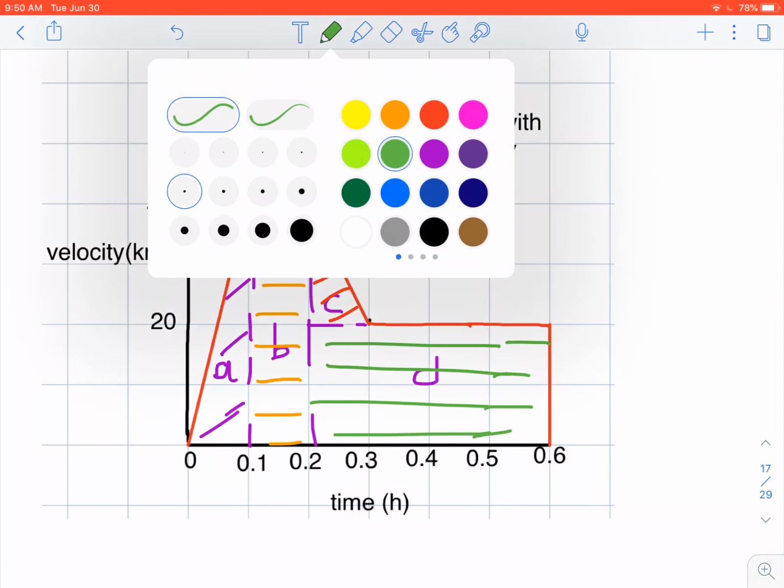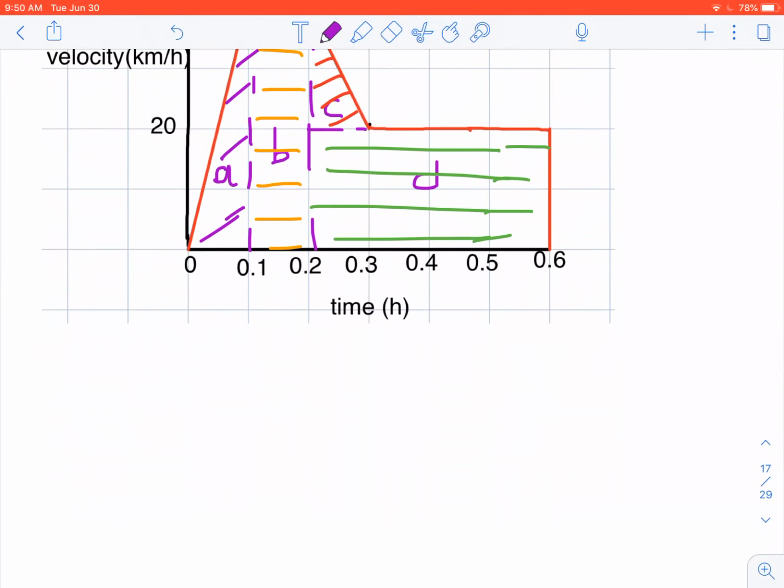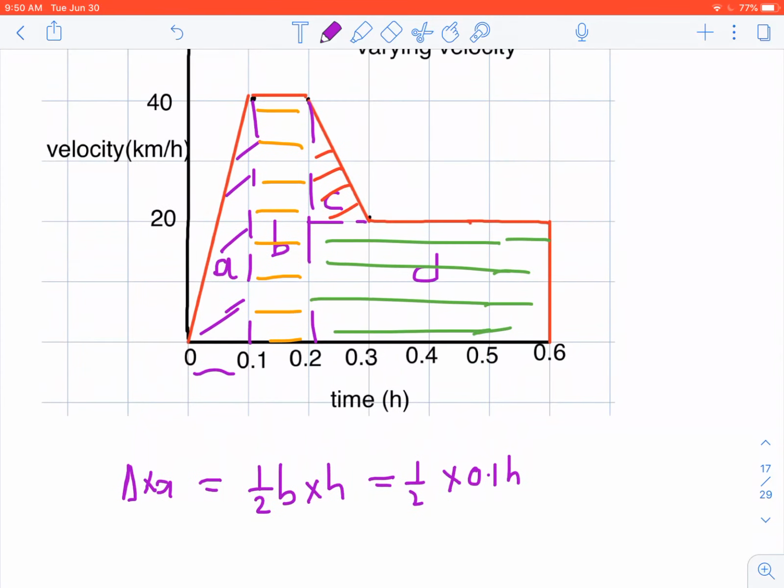So let's say we start with that, and we say change in x of A is equal to, because it's a triangle, we know it's half base times height, which is a half times the base, 0.1 hours, and the height is, as you can see, 40.